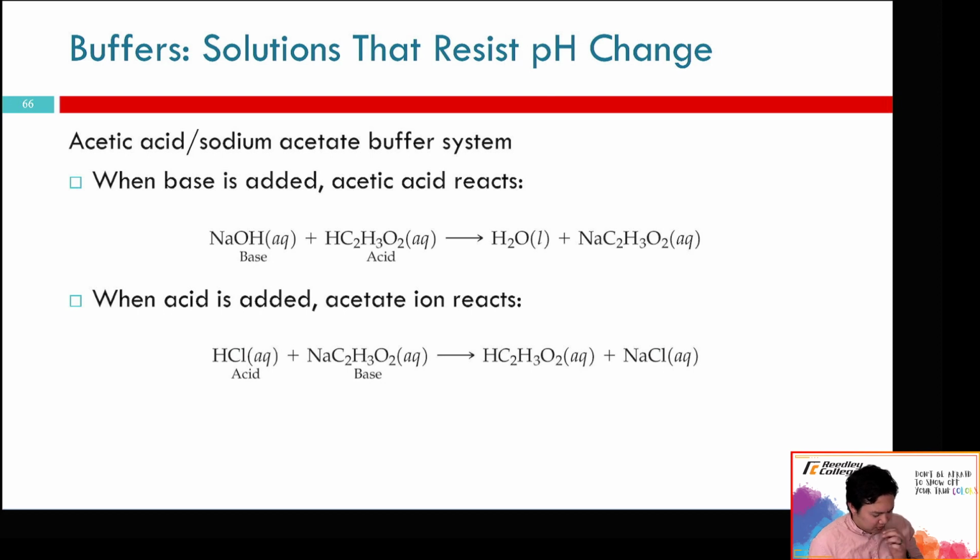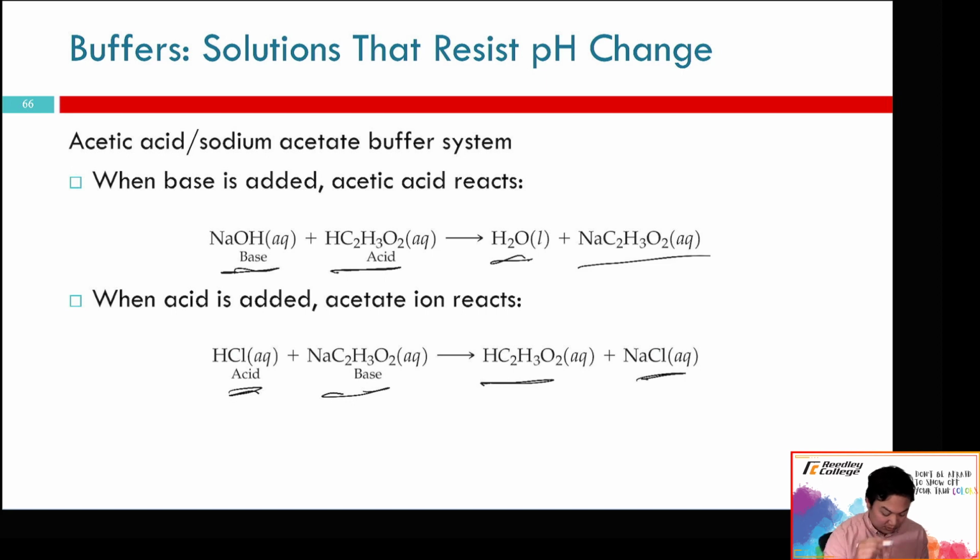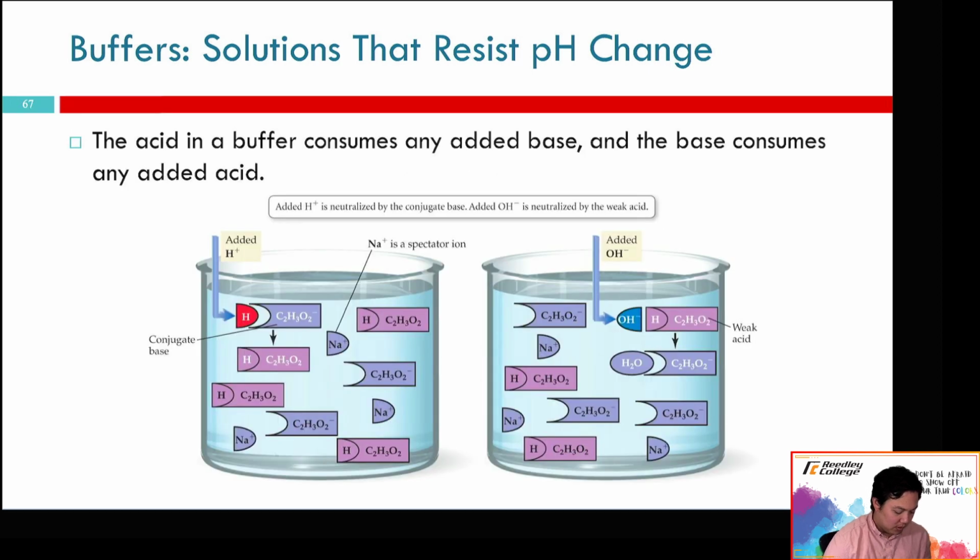The acetic acid and sodium acetate buffer system looks like this. When we add a base, we're reacting the base with the acetic acid to form our conjugate base in water. But if we add acid, then that can react with any conjugate base that's around to form acetic acid and a salt, here sodium chloride, because we have both the acid and the base in equilibrium.